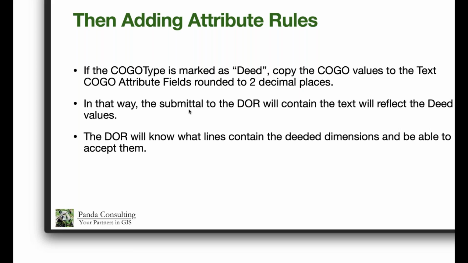And an attribute rule, if you watched my presentation yesterday, can be set up so that as you make a change in this COGO type, if you take a dimension and say this was entered from the deed, it will take the COGO value and copy it over into the text COGO attribute field, round it to 2 decimal places, and put a foot marker on it, make it look exactly as it would appear on the plat.